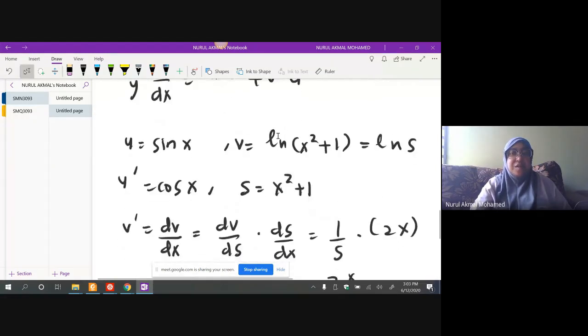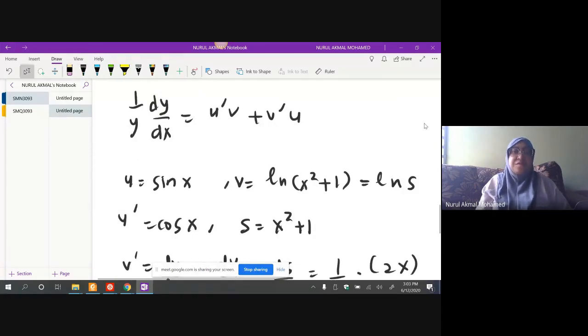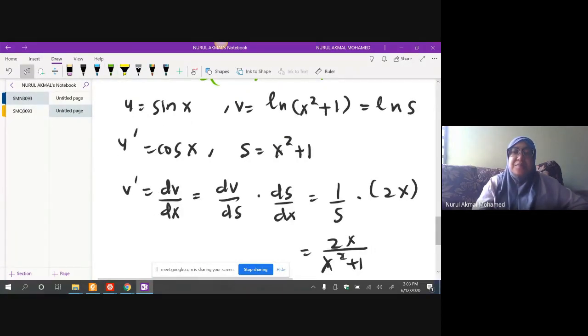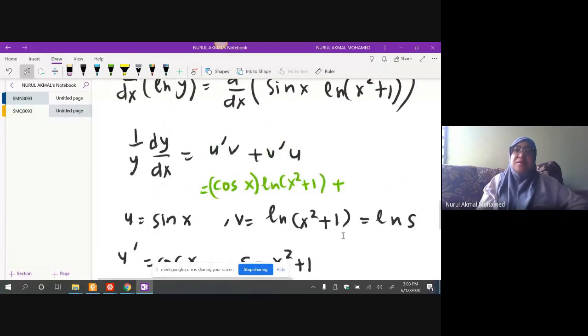So u prime is cos x. The v is ln of x squared plus 1, plus v prime. v prime is this one, 2x divided by x squared plus 1.